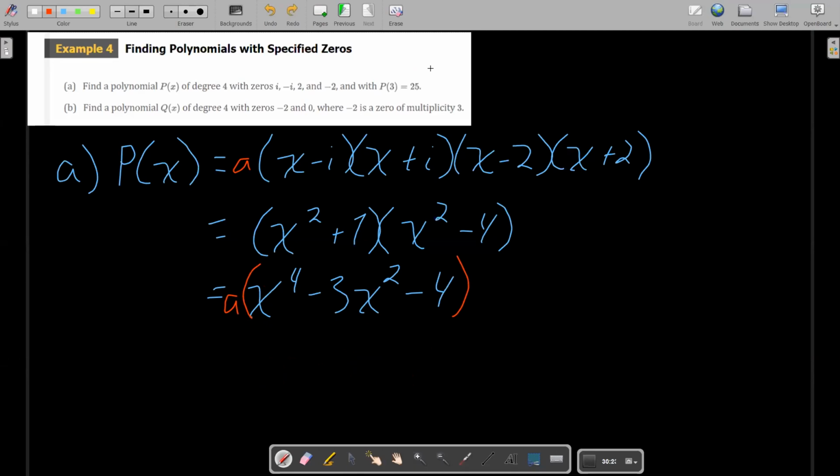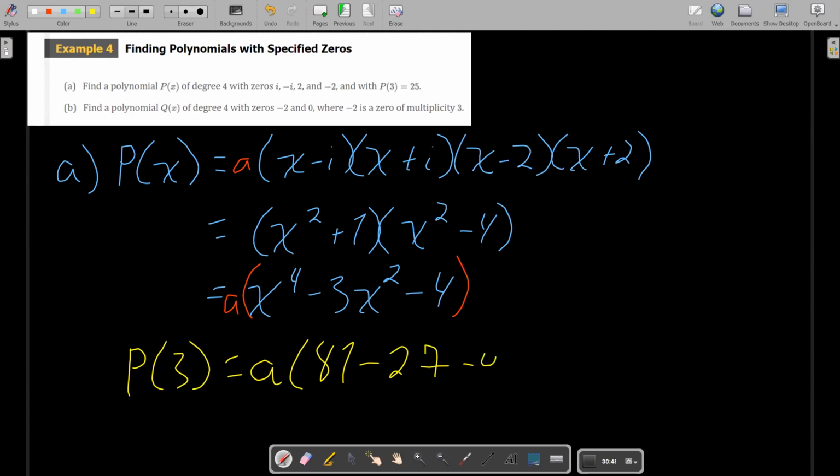So what we'll have to do is say P of 3 equals A times, and I wish I would have erased it, so it was 81 minus 27 minus 4. So 81 minus 27 minus 4 is 50.